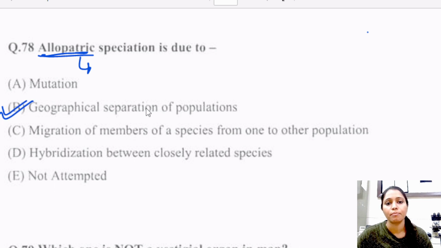So some populations are separated by a geographical barrier. Like, here is an ecosystem, and then a water reservoir comes up here or a road gets built, so the species on this side and the species on that side will get separated. That is called geographical separation and allopatric speciation. Sympatric speciation means species live in the same geographical area. So option B is the correct answer.